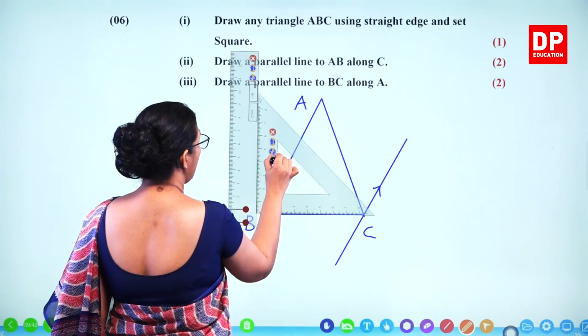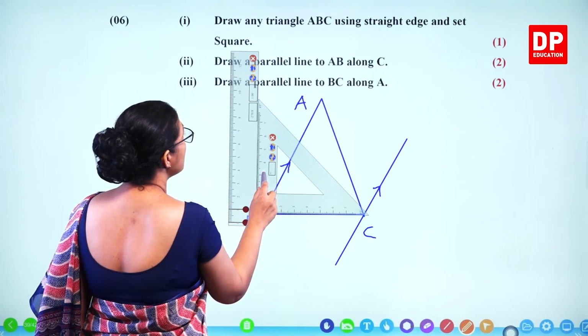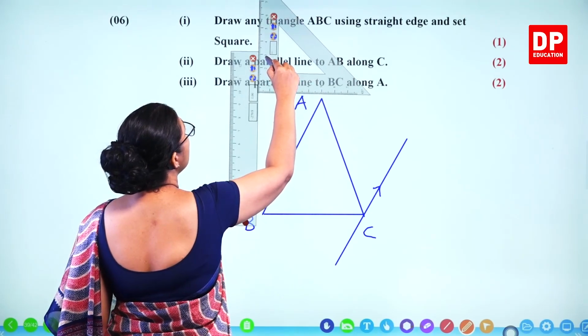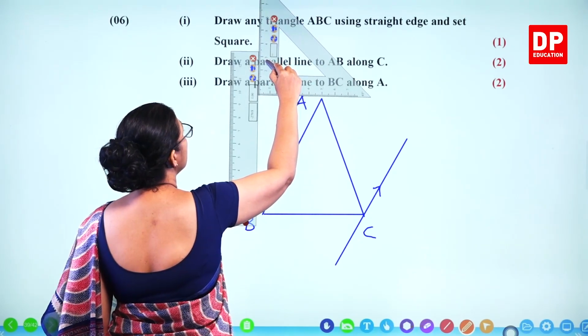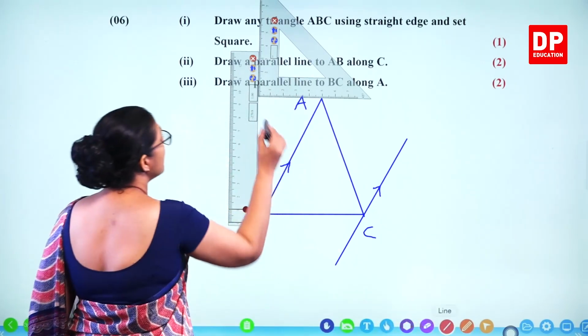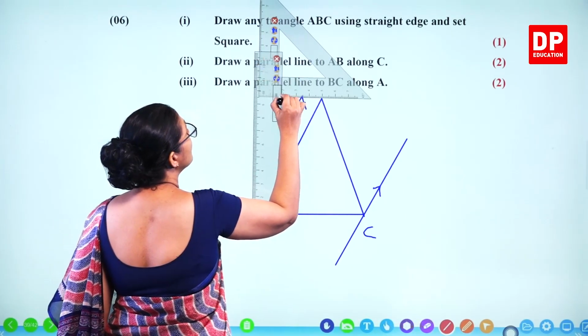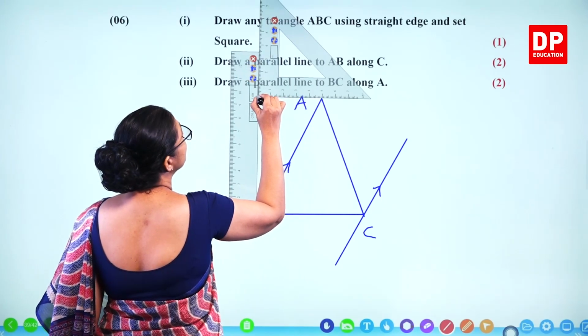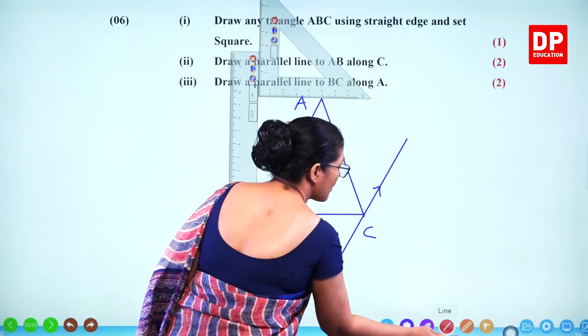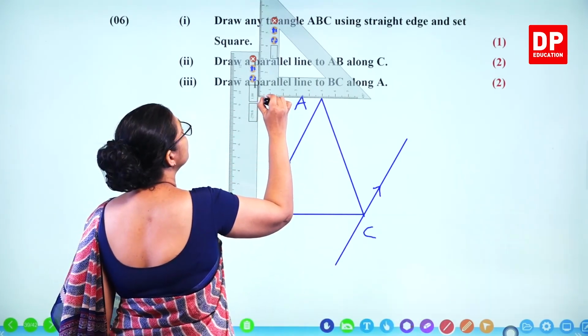And you can drag it. So drag it so that you get the parallel line here along A. So that's the parallel line. So you can draw the line now. Now you can draw the parallel line.